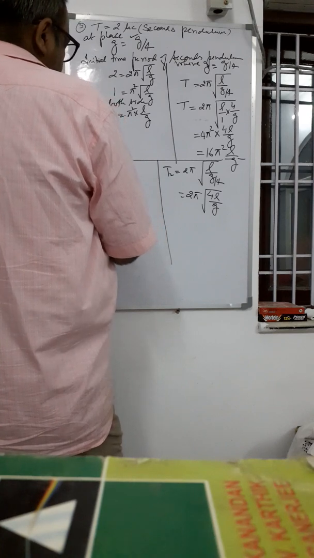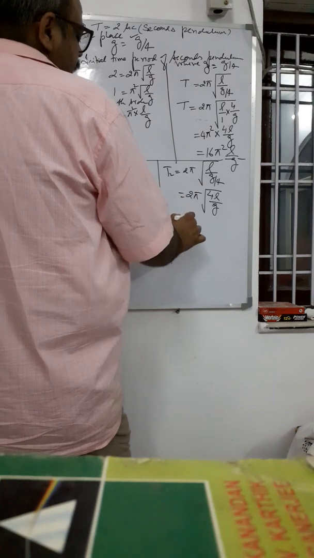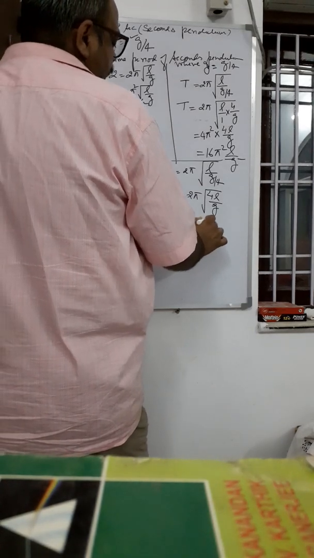Here it is 2 pi under root L upon G. Here it is 2 pi.